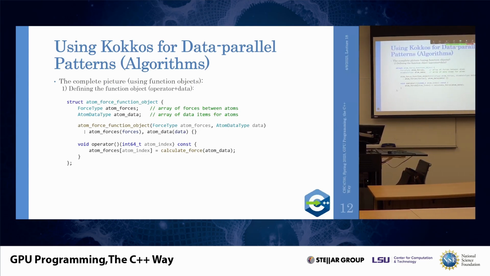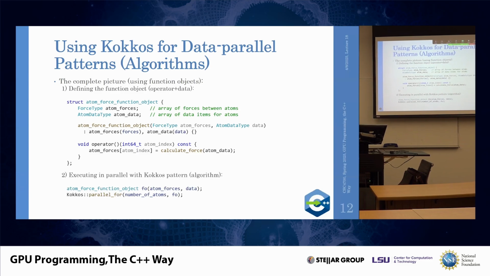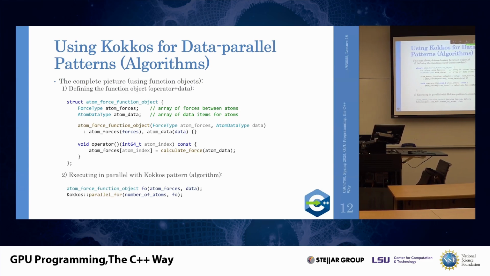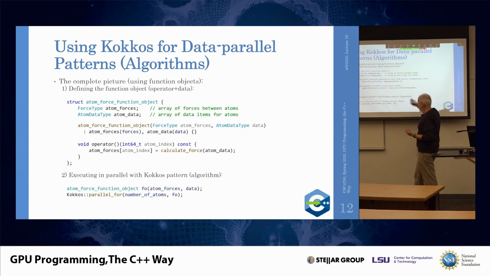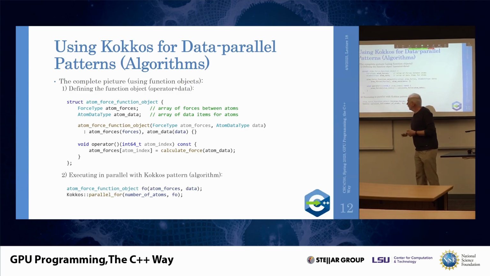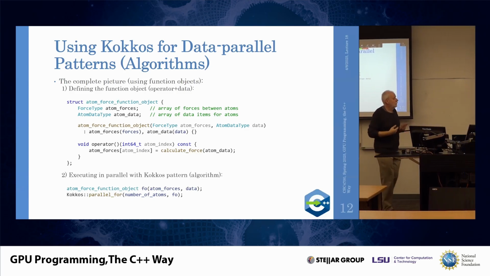Otherwise, it's nothing special. It's really just a C++ type that can be used as a function object. You might say, okay, how do I use it? Well, as said, you create one of those instances, you initialize it from your data, and then you invoke parallel for, and parallel for will do what you want.